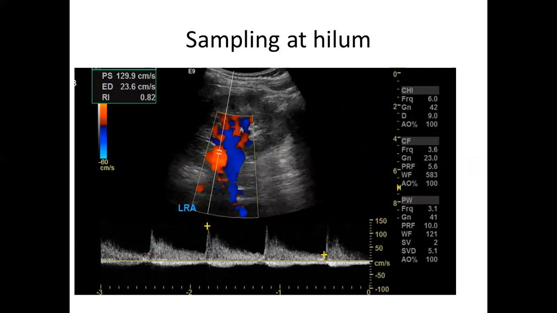Right, from this graph here, you can see that there is this peak here, and then there's a little bit of a drop in the waveform, and there's a second peak there. So this is our early compliance peak that we're talking about. So whenever you are measuring your acceleration time and your acceleration index, it's from the start of this to this early compliance peak, and not this second compliance peak.